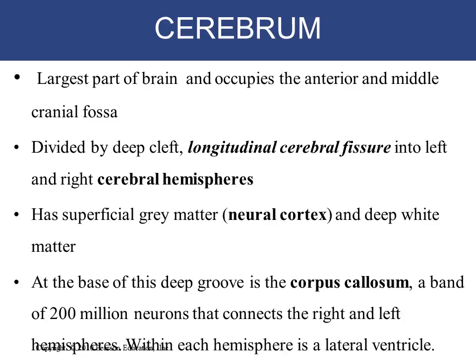The cerebrum has a superficial gray matter, which is called the neural cortex, and a deep white matter. The corpus callosum, found deep within the hemispheres of the cerebrum, is made up of a band of 200 million neurons that connects the right and left hemispheres.